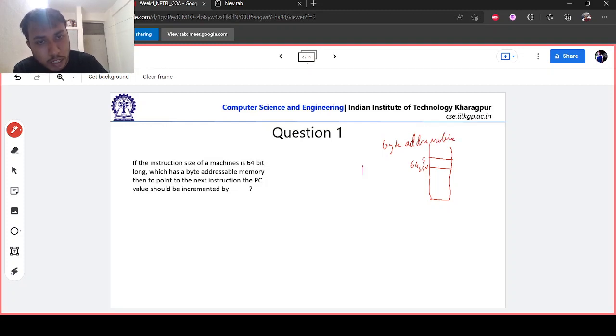If the program counter is currently pointing to this, then when this instruction is executed, it will point to this one. Since it is a 64-bit instruction, the PC value will be incremented by 8, PC plus 8. So the correct answer is 8.